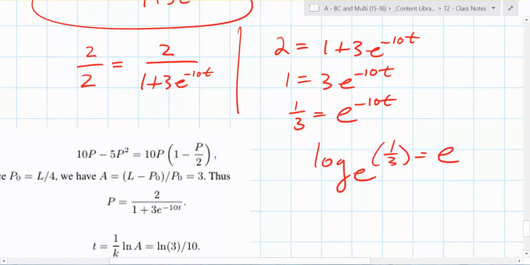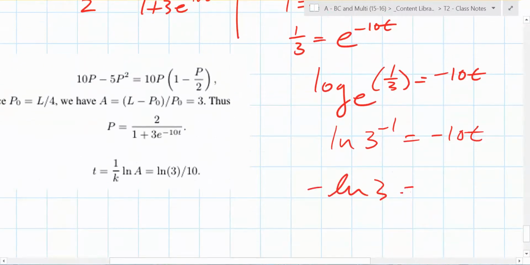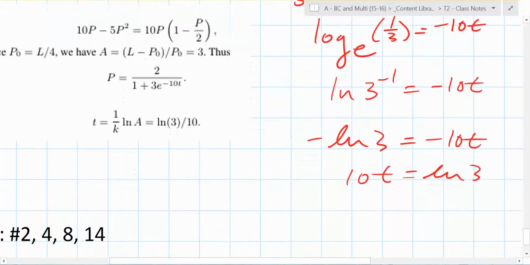Negative 10t. But 1/3 is 3 to the negative 1, so ln of 3 to the negative 1 is equal to negative 10t. So that's negative ln 3 is equal to negative 10t. So 10t is equal to ln 3. So what does t equal? ln 3 over 10.